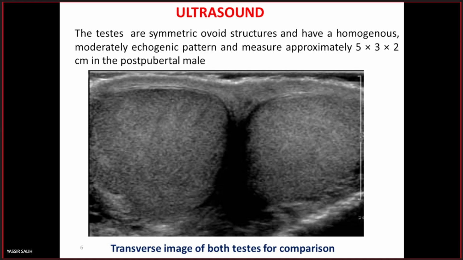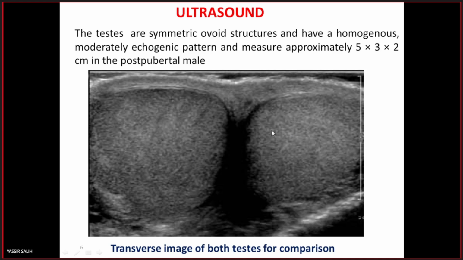The testes normally appear as symmetric ovoid structures. This is a normal appearance of the testes, right testis and left testis. Normally, we have two testes. Both are symmetric and ovoid in shape and have a homogeneous texture and moderately echogenic pattern.